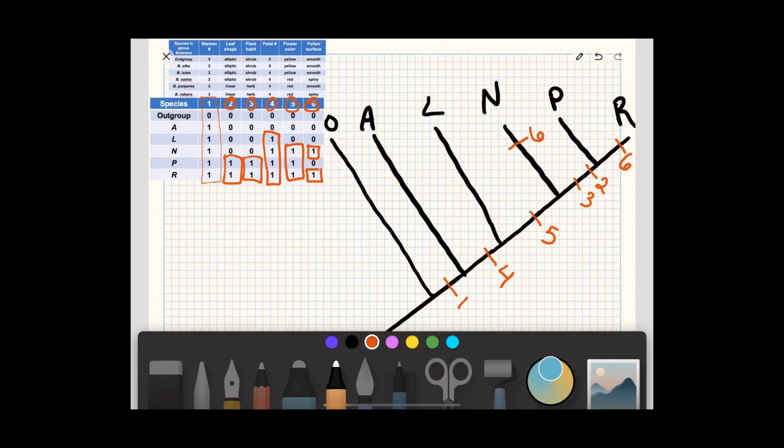And that is how it's represented on the cladogram now. Changes? 7.